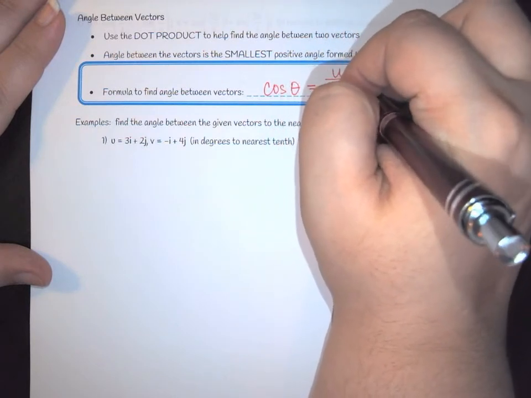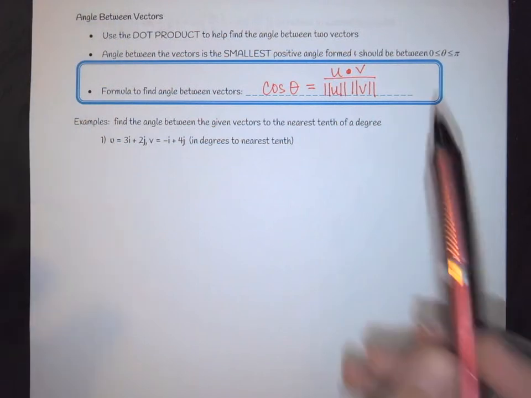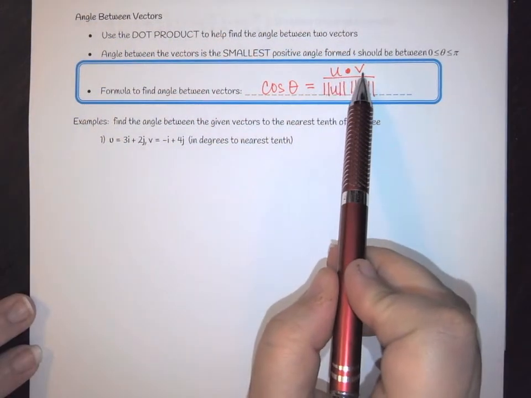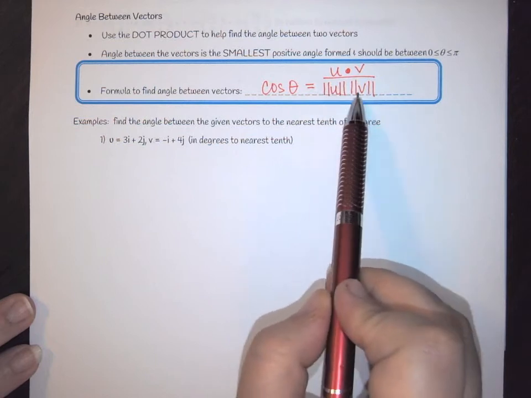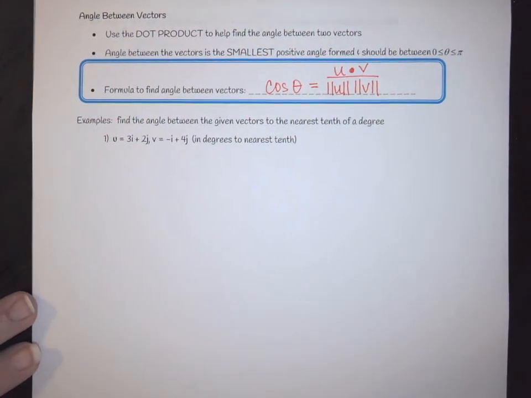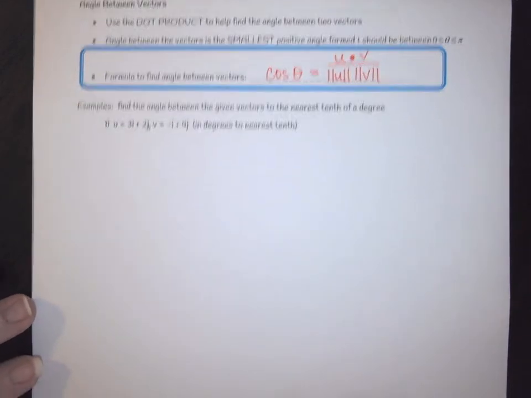We're going to take the dot product of the two vectors and multiply on the bottom the magnitude of the two vectors. There's a lot of individual calculation that has to go into this before you plug it into the actual equation itself. The best way to explain it, like always, is to use an example.